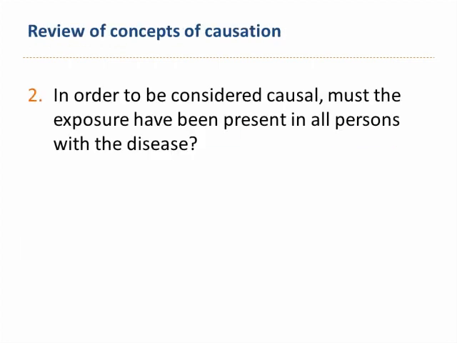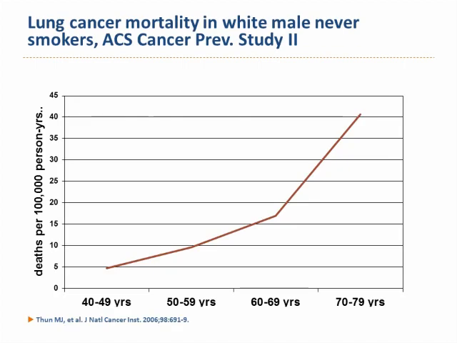We should also reconsider whether or not a cause must be necessary in order to meet the causal criteria. So we should ask ourselves, in order to be considered a cause, must the exposure have been present in all persons with the disease? When we consider again the case of lung cancer, we can look at lung cancer mortality here among white males who never smoked.